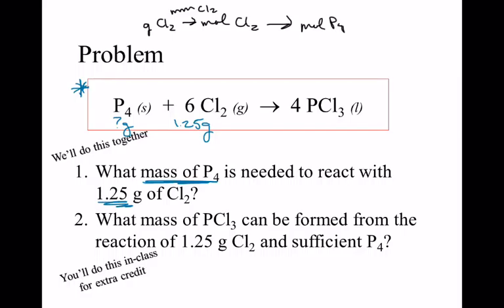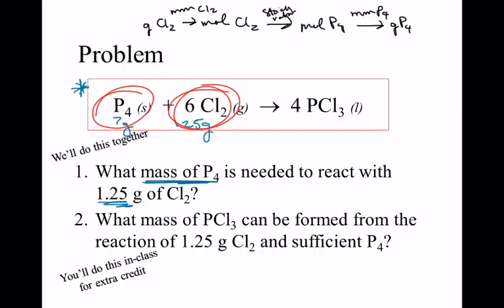I will tell you, we have 6 moles of Cl2 reacting with 1 mole of P4. That's where our stoichiometric ratio is going to come from. So stoich ratio. And then we're going to finish off going from moles of P4 to grams of P4 using its molar mass.